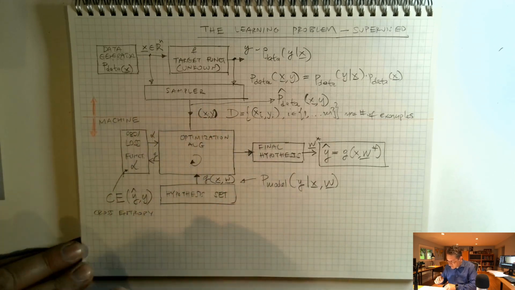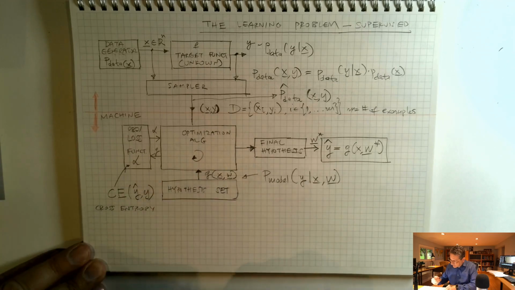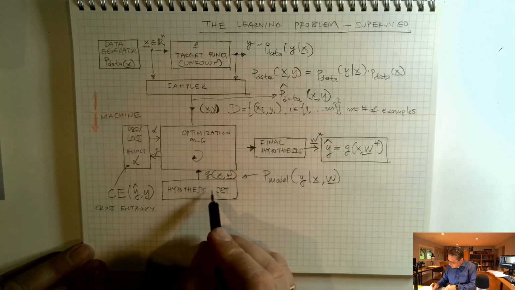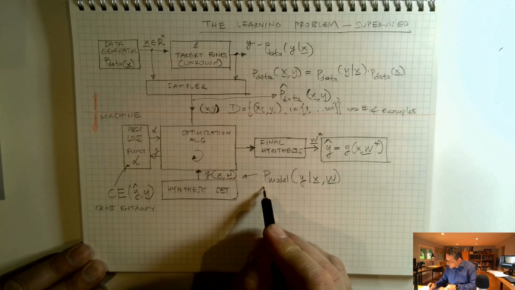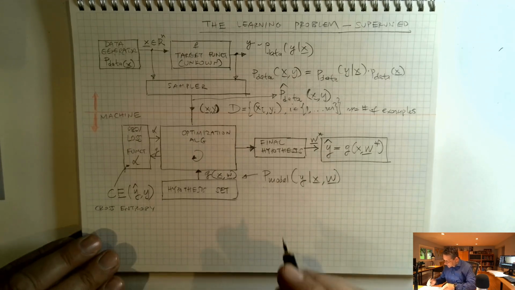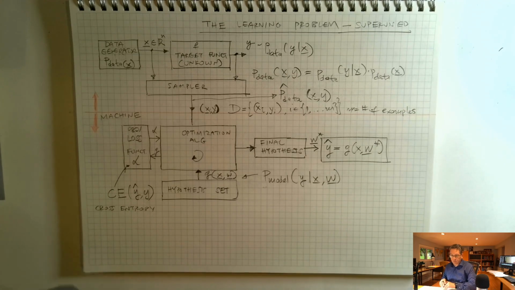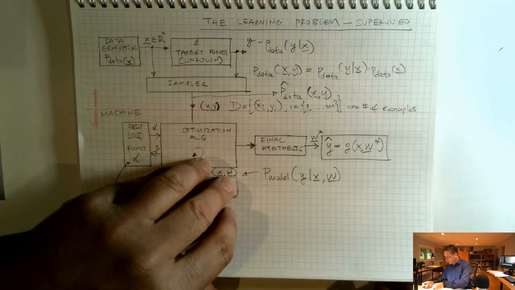The sampler is giving us some x's, the m x's that I just drew. We have as input just the x's, and the first thing we have to do, after introducing the probabilistic version of the Vapnik block diagram, is to suggest a suitable p model, a suitable probability distribution for these x's.